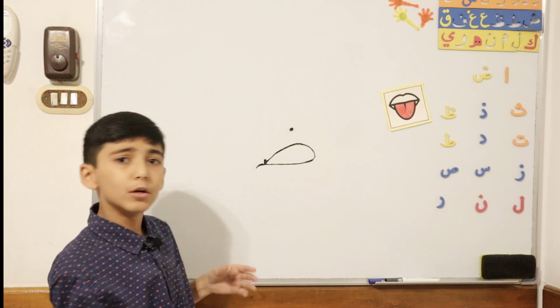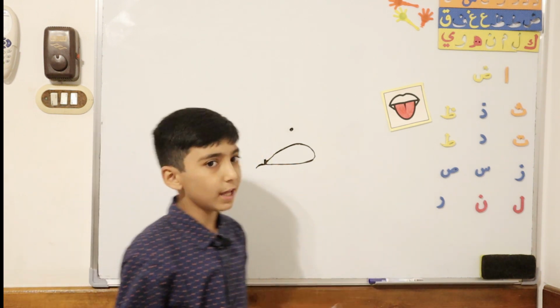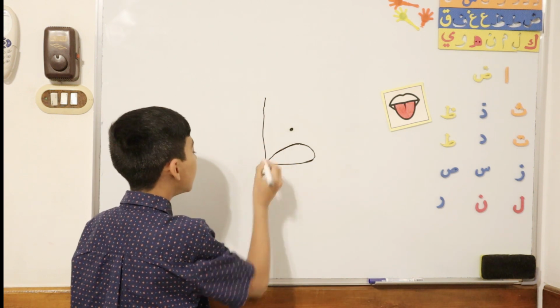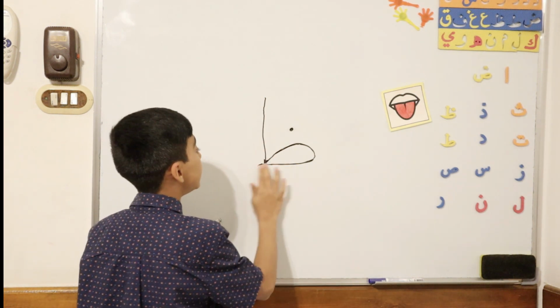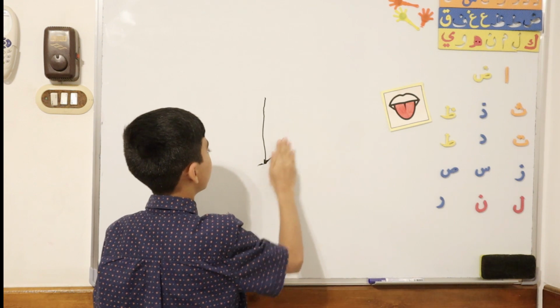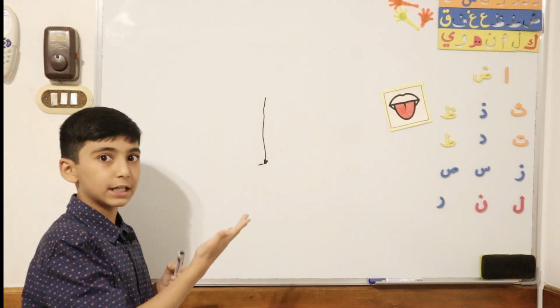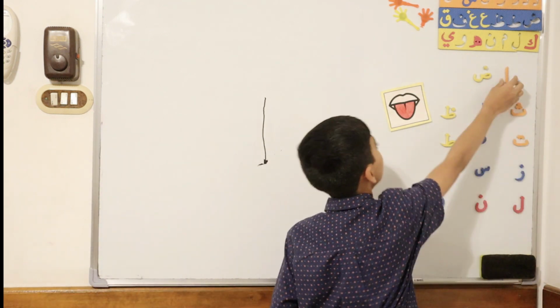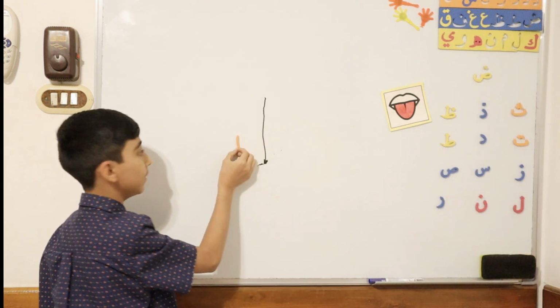But then, what if we say, okay, not the balloon, because it doesn't work, but what if the stick? Just the stick. But then, it will look totally like Alif.